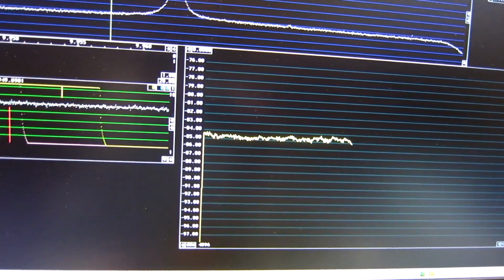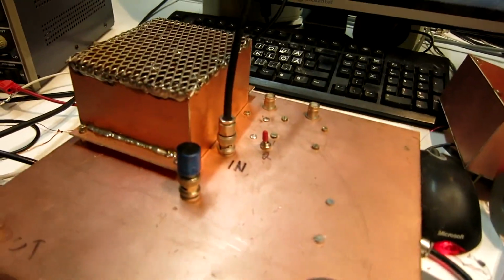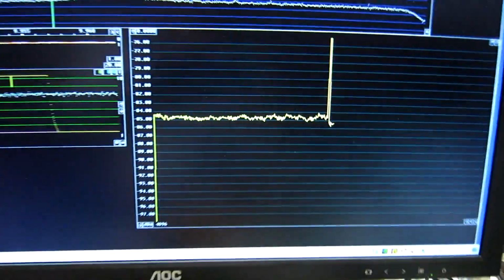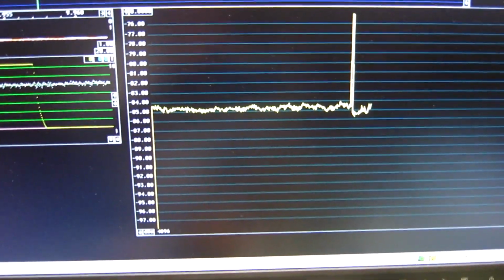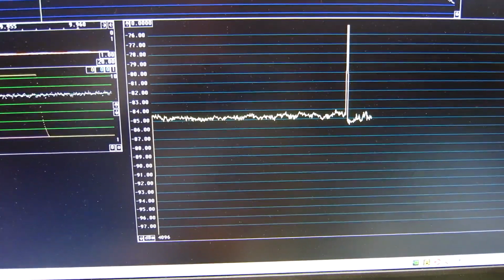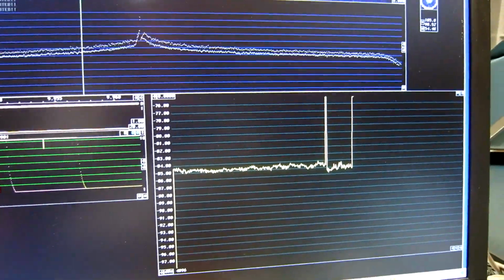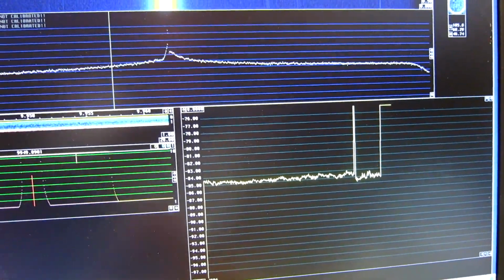It looks like there is a stability issue of some kind. So I make some vibrations, and indeed suddenly it's better and it's unstable somehow. Now it's really bad.